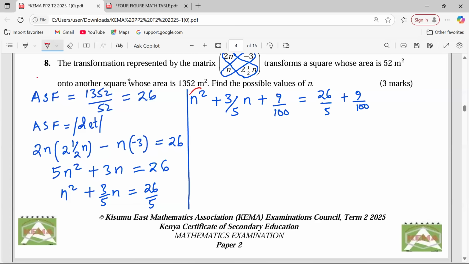Factorizing the left means taking the square root of this part, the sign that follows, the square root of the constant here, squared, equals to, now I take 26/5 and I add 9/100. 26/5 plus 9/100 gives me 5 and 29 out of 100. So that's the value of n.